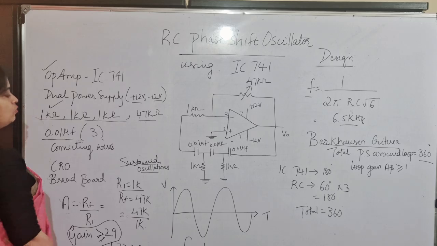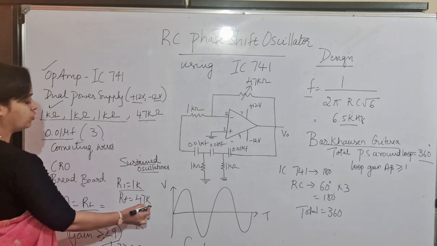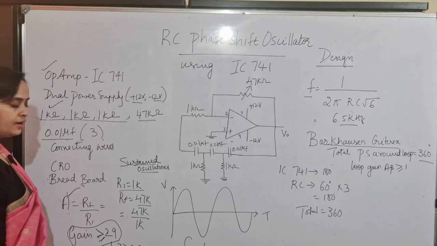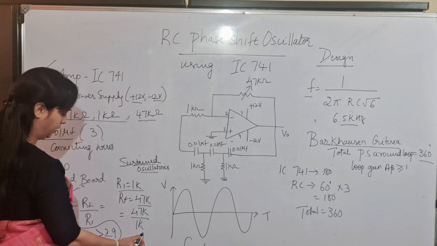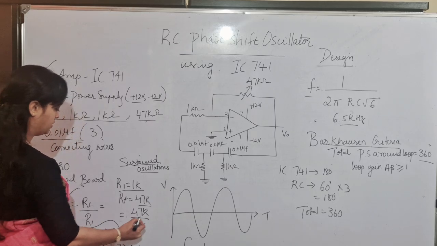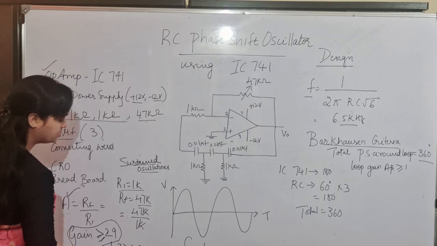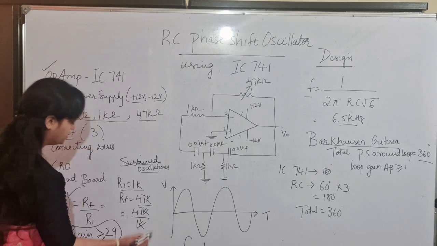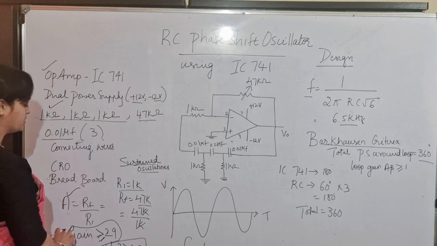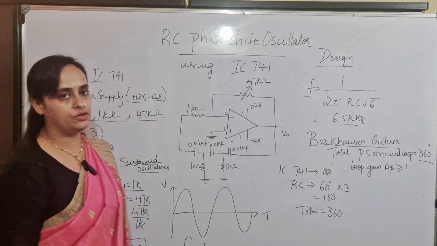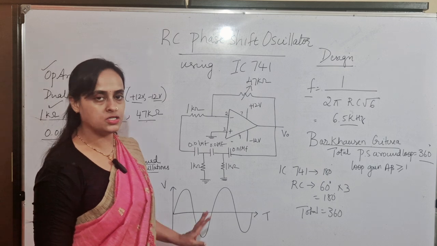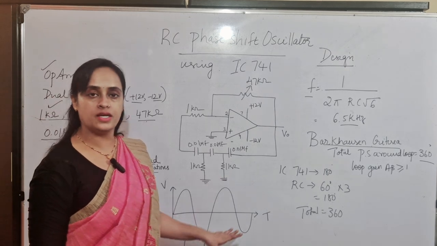What is the value of RF? 47K. The formula for gain is RF by R1, that is 47K divided by 1 kilo ohm, which is 47, actually greater than 29, which satisfies the condition that gain should be greater than or equal to 29. So with this design we can generate sustained oscillations. It has been designed like this.